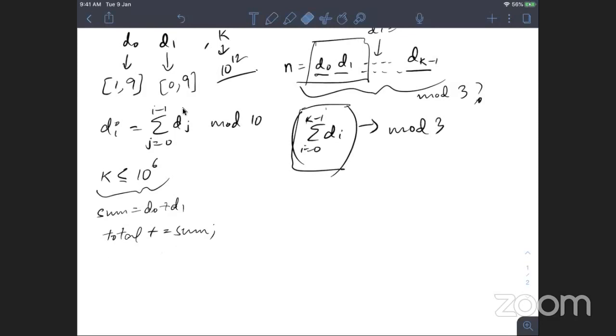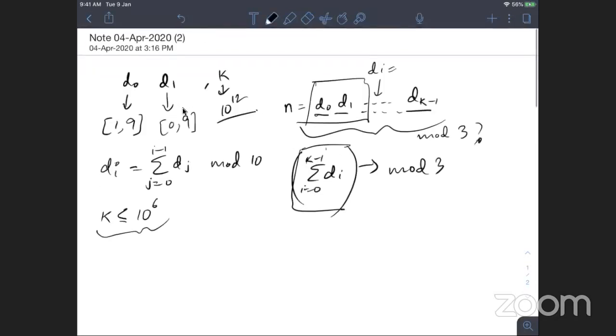Basically, create all the actual digits manually and then get the sum and check. That would have been simple had k been small.